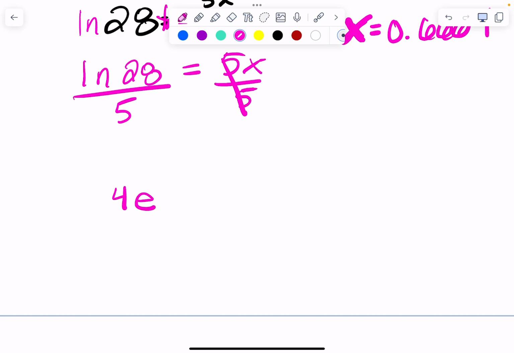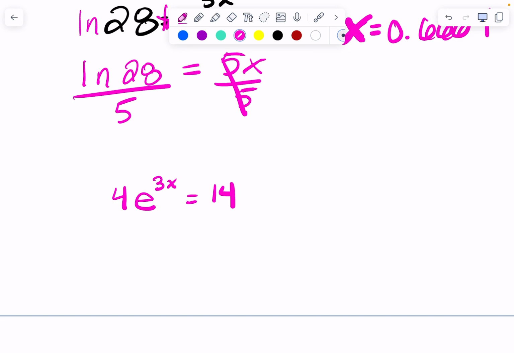4e to the 3x equals 14. Solve for x. Go. Do algebra first.